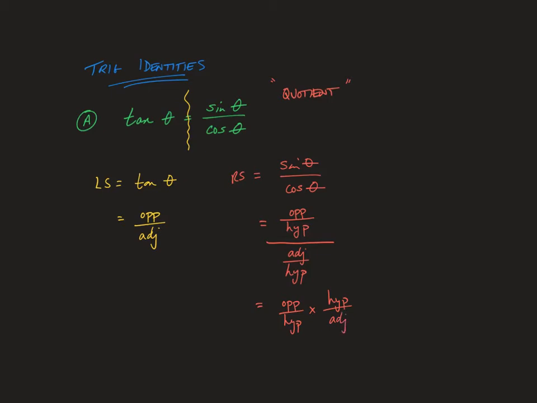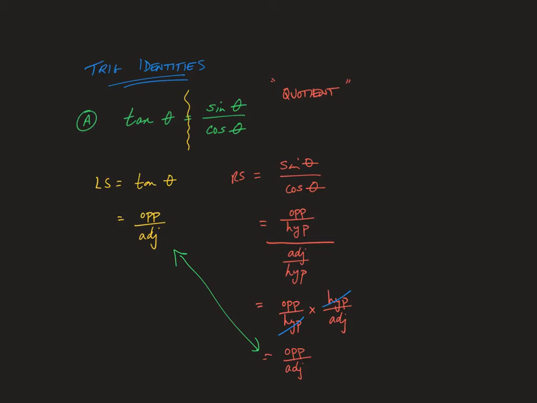And so as I multiply by that reciprocal, I also notice that I'm going to have a common factor of the hypotenuse that could divide out. And when I do simplify that, I'm going to simplify that to the opposite over the adjacent. And I want us to notice right now that our left side expression looks exactly the same as the right side expression.